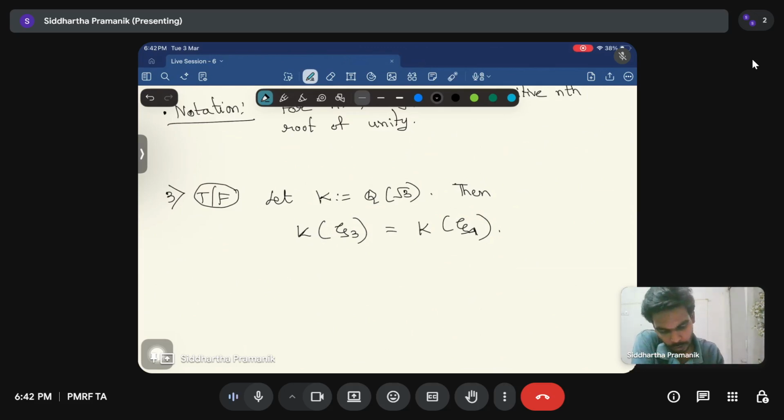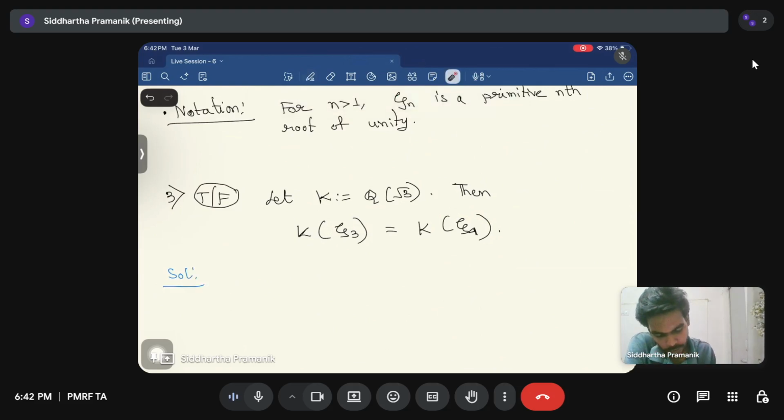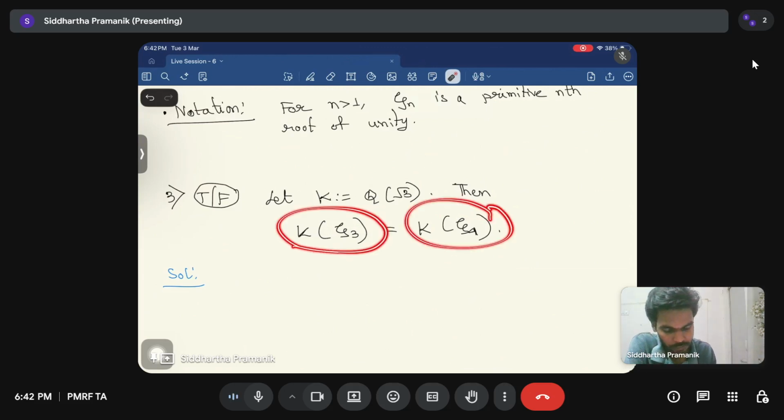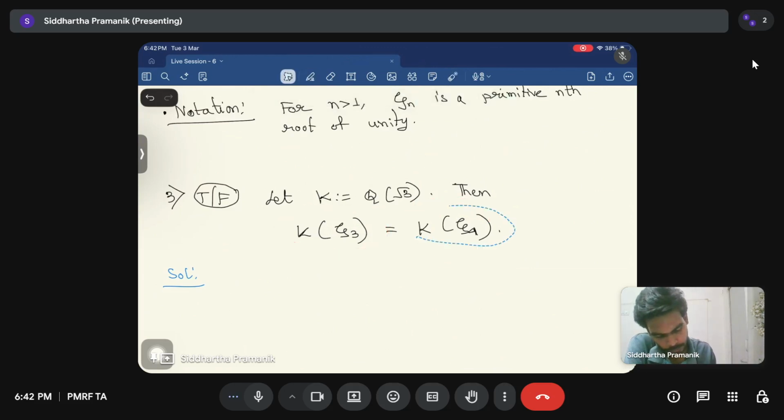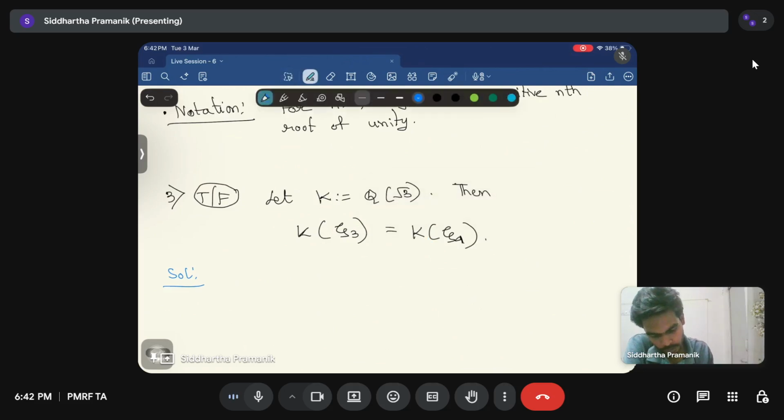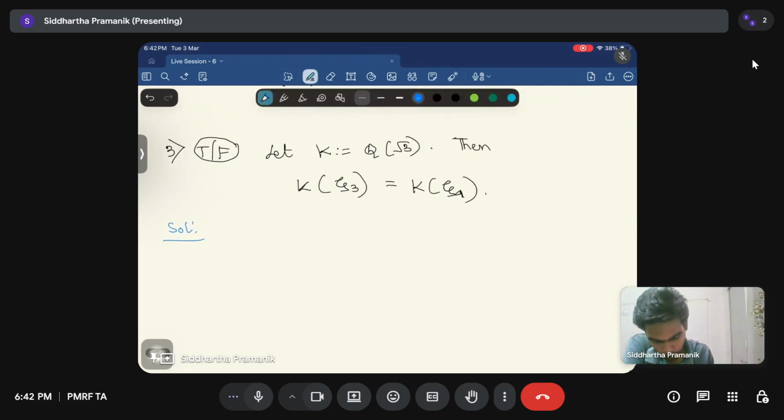Okay. So how to do this? To check this, we need to find both these fields, how these fields look like. So what is zeta 3? Zeta 3 is a primitive cube root of unity, right?